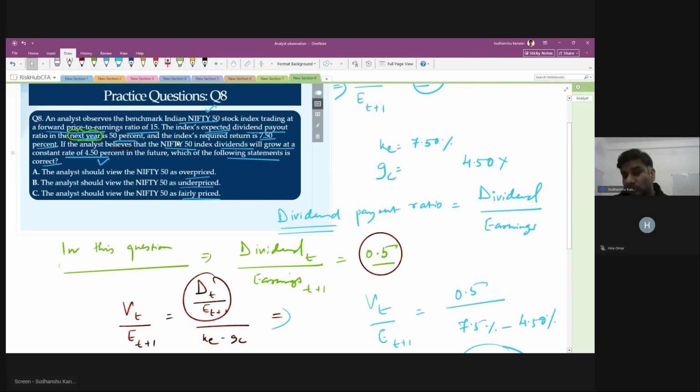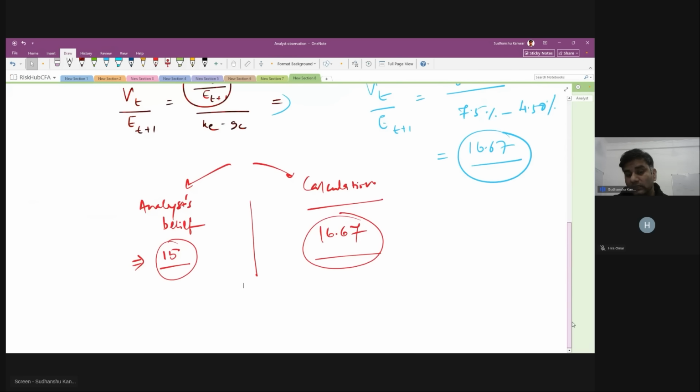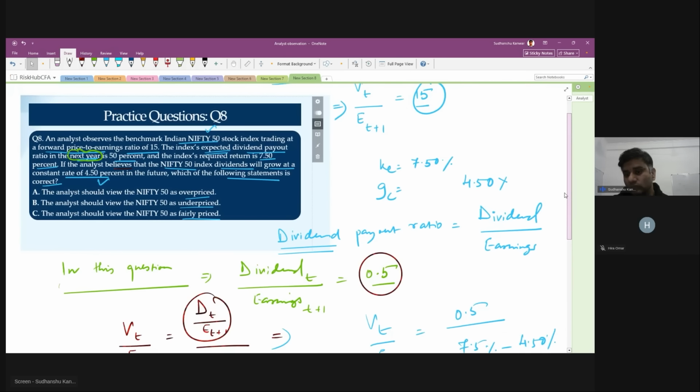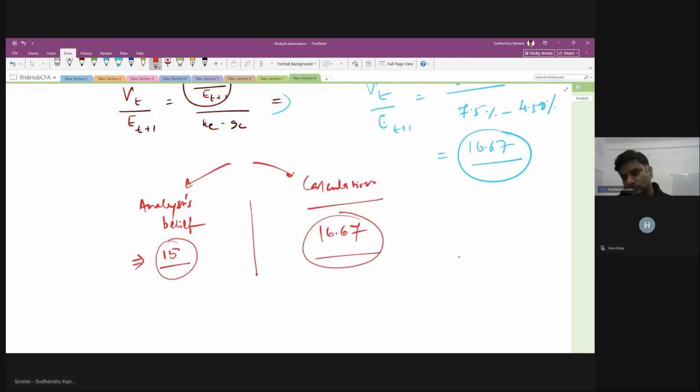But when mathematics worked, the forward price to earnings by calculation is coming out as 16.67. What do they mean by forward price to earnings?